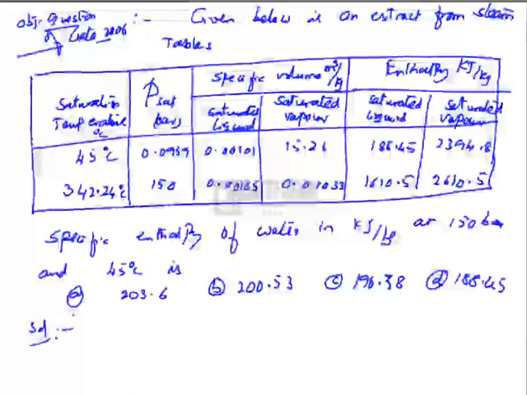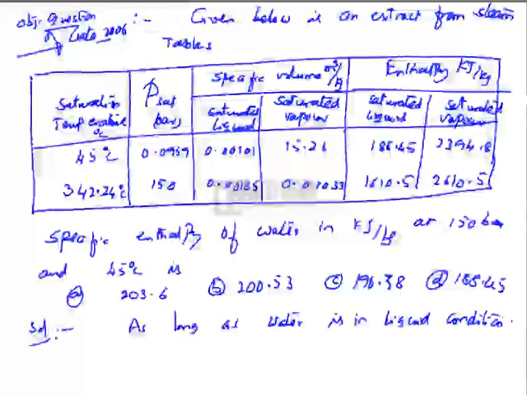The answer to this question can be given as follows. As long as water is in a liquid condition, no vapor is there, its saturated liquid enthalpy is always given by its temperature in degrees centigrade into 4.187 kilojoule per kg.